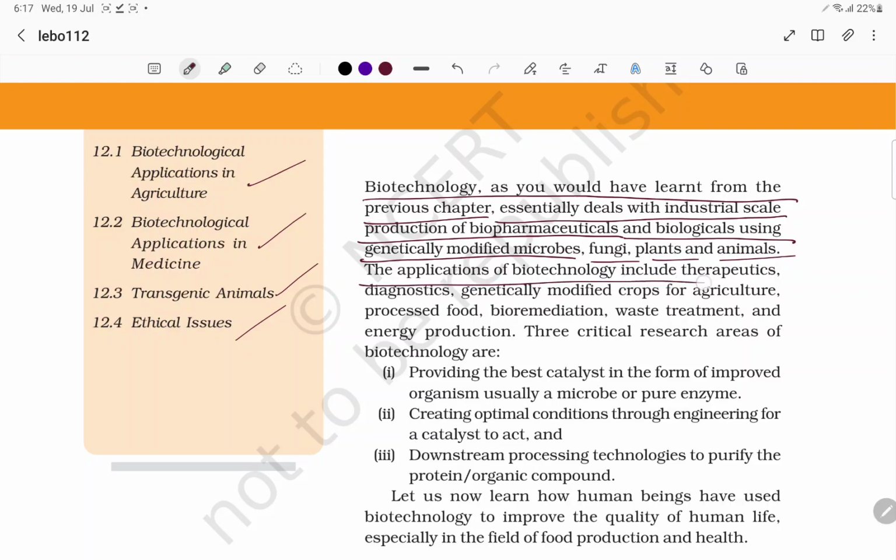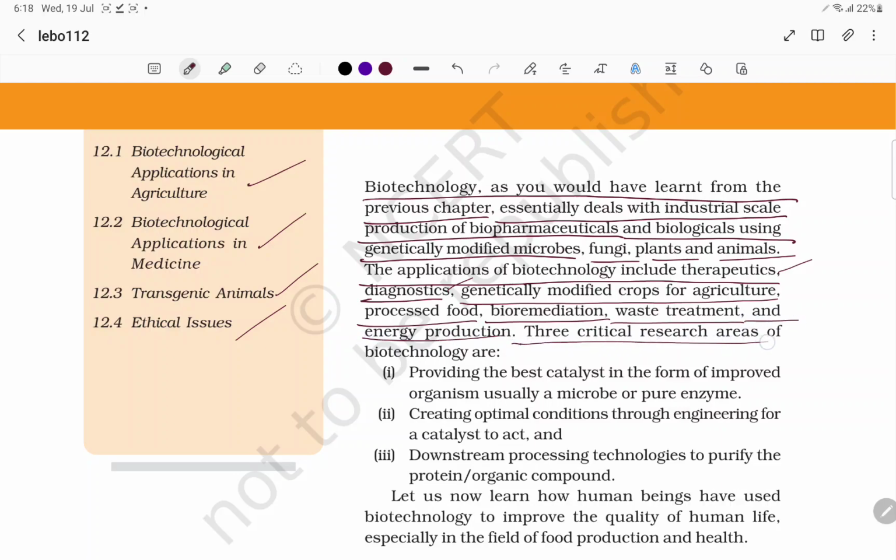The application of biotechnology includes therapeutics, diagnostics, means for the treatment and for diagnosing, genetically modified crops for agriculture, processed food, bioremediation, waste treatment. We already have seen in the secondary treatment, we mainly use anaerobic digesters as well as aerobic, and energy production.